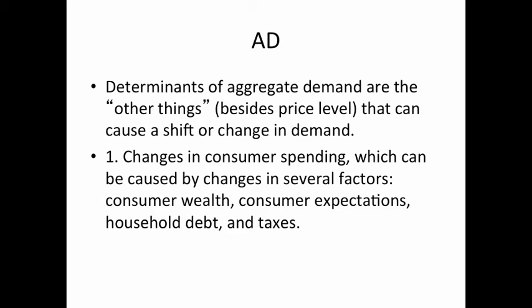We've mentioned these things. Again, if we see a change in consumer spending, ceteris paribus, holding the price level the same, that's going to shift our aggregate demand curve. And as we'll see, if there's an increase in spending, the aggregate demand curve will shift to the right. If there's a decrease in spending, the aggregate demand curve will shift to the left.